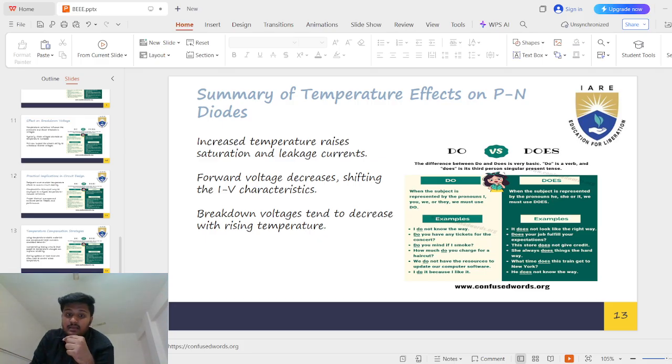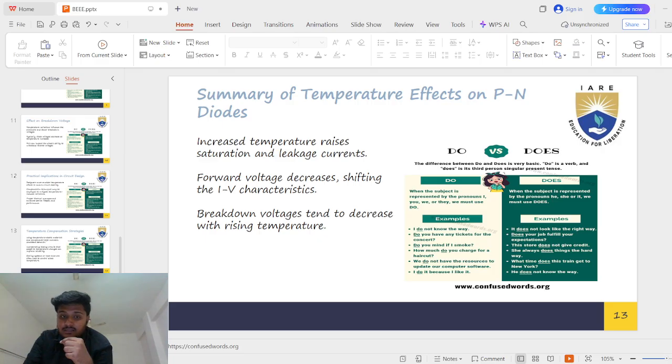Effect: even when the diode is reverse biased, blocking current, a tiny current called leakage current flows. As temperature rises, this leakage becomes larger. Simple analogy: imagine a dam holding water. At normal temperature, only a tiny trickle leaks through. When it gets very hot, more cracks appear, so more water leaks.